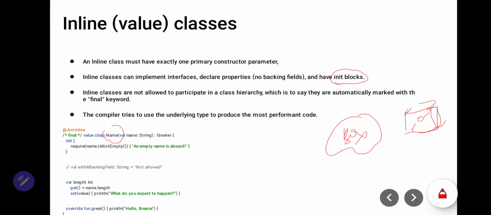Next, inline classes are not allowed to participate in a class hierarchy, which is to say they are automatically marked with the final keyword. The compiler tries to use the underlying type to produce the most performant code.